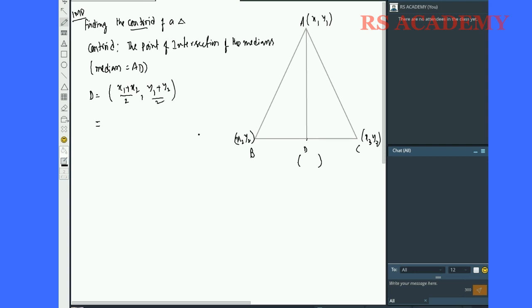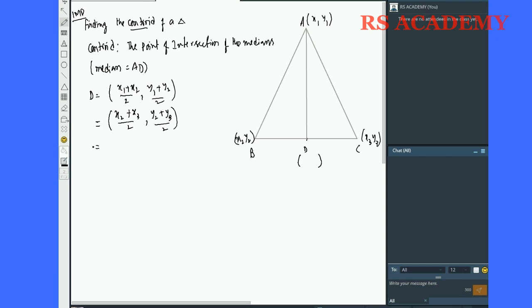Now, in the place of x1, y1, x2, y2 we have x2, y2, x3, y3. Therefore, x1 is replaced with x2 and x2 is replaced with x3. So x2 plus x3 by 2 and y2 plus y3 by 2. This is the midpoint.